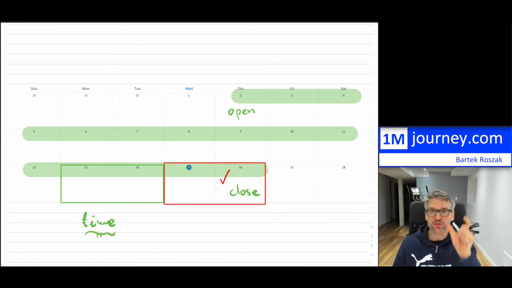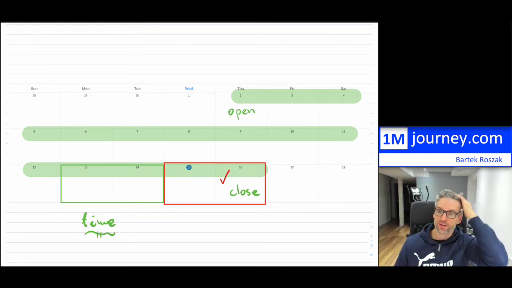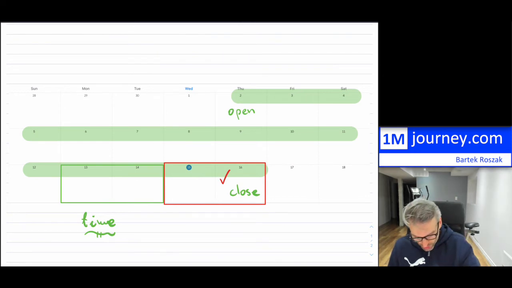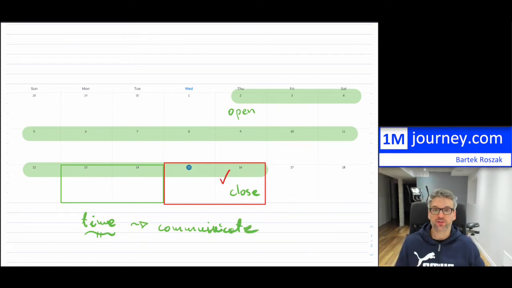Okay, so you have a margin, you have a certain amount of time. I kind of borrow that term from investing, this margin of safety. I heard it first from Warren Buffett, and I think it was Benjamin Graham who pointed it out for investing, because we don't know what can happen. But this gives you time to communicate. And if something does go wrong, now you can communicate, okay? So you can communicate with your teachers or instructors or professors and let them know, this has happened, what should I do?